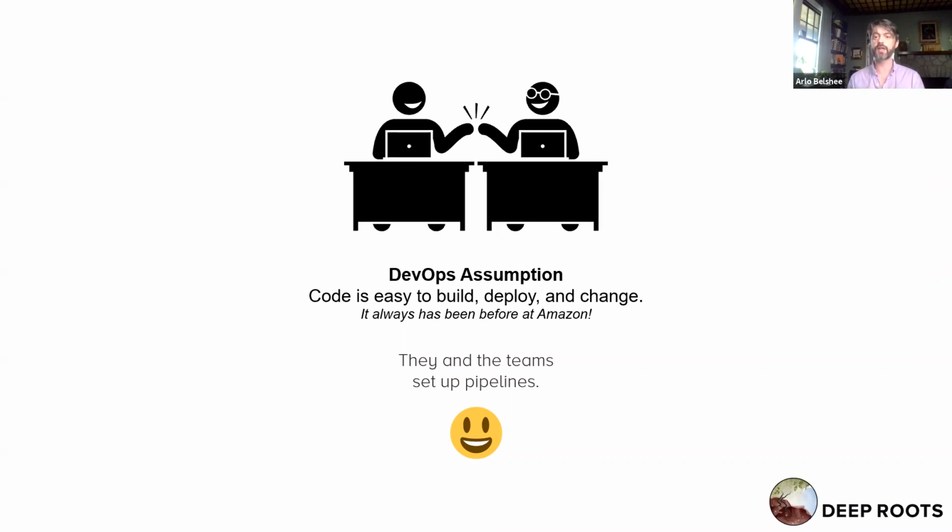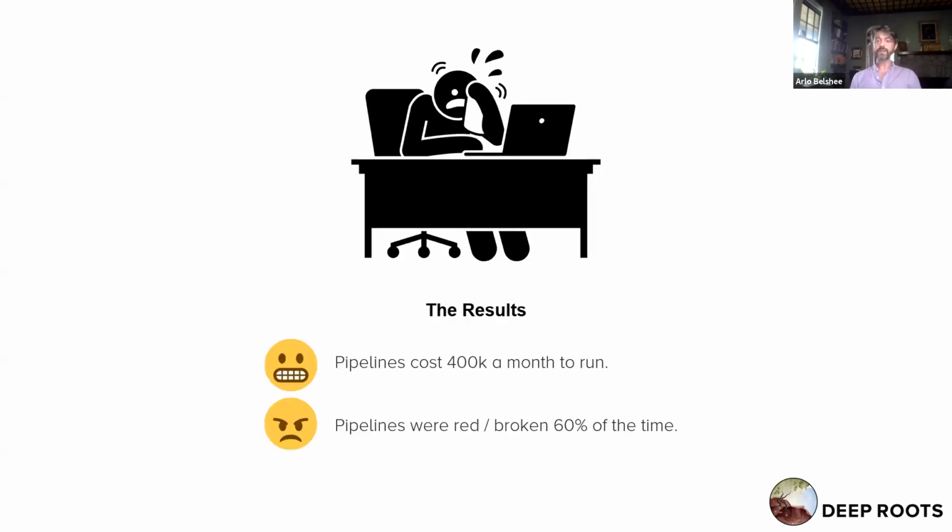They'd worked at Amazon or some other company which had really good DevOps pipes going through, a lot of automated unit testing, frequent releases. They know what it's like. They want to recreate it here. Great. So they start thinking, let's just go set them up. The result, huge amount of money spent on running all of these pipelines, and they're almost always broken.